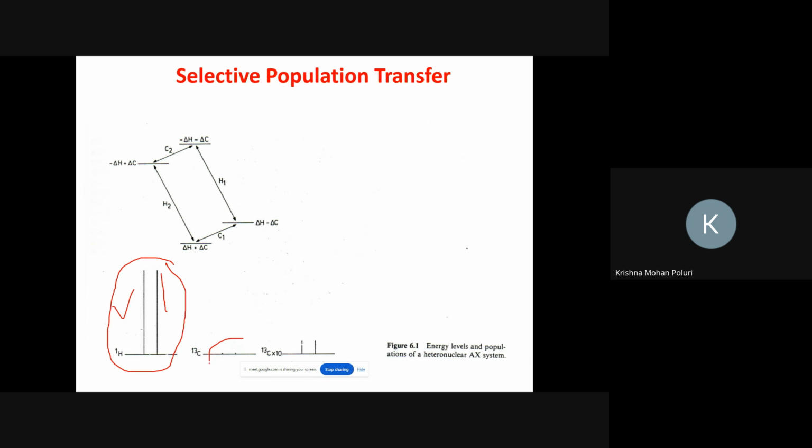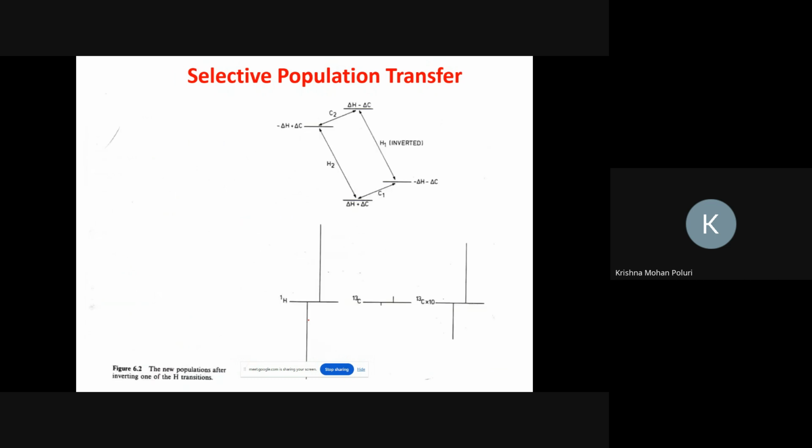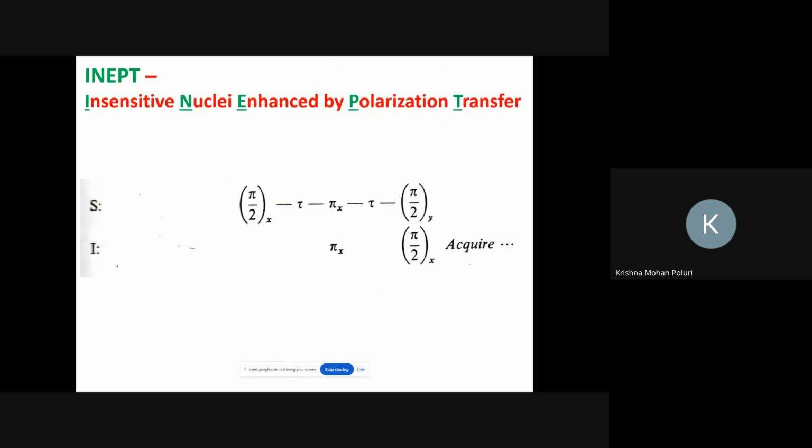If you do a carbon spectrum, you get carbon like this, and it takes a lot of time to do the NMR of carbon. So now the question is, can I increase the signal of carbon? That concept is essentially selective population transfer or polarization transfer.